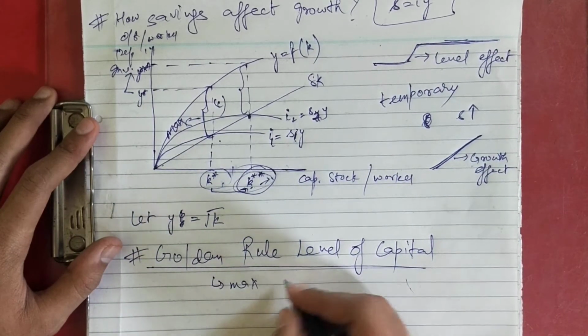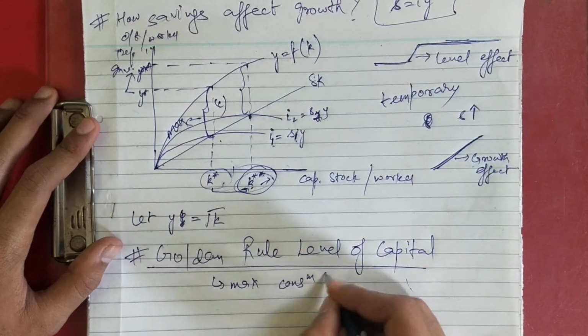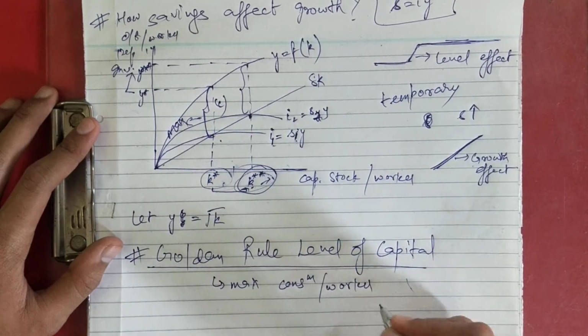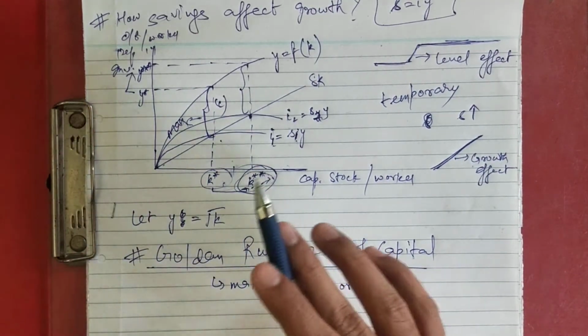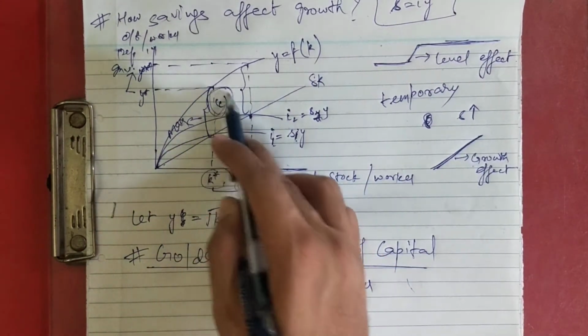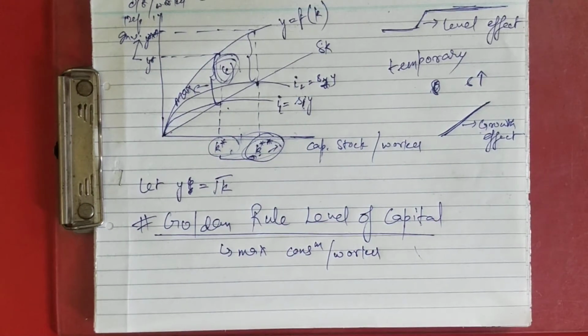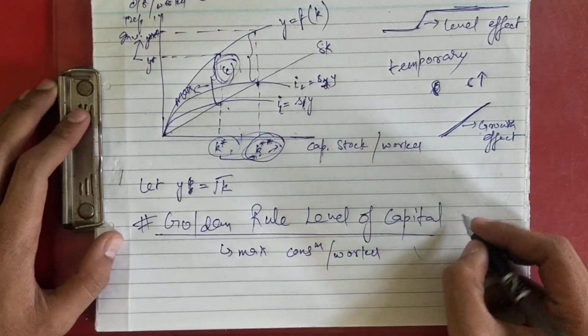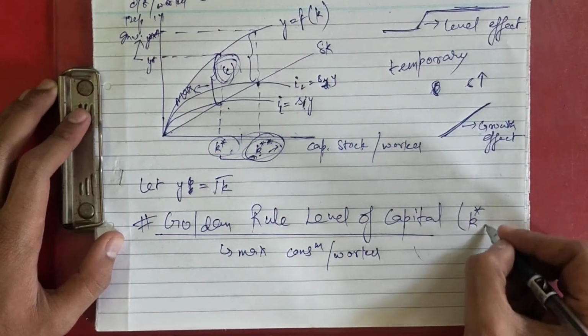It is that value of K star, the steady state level of capital, where your C is maximum, and it is also denoted by K star gold.